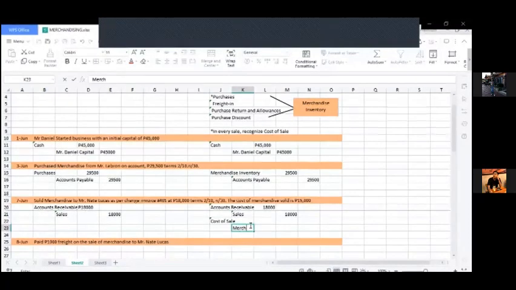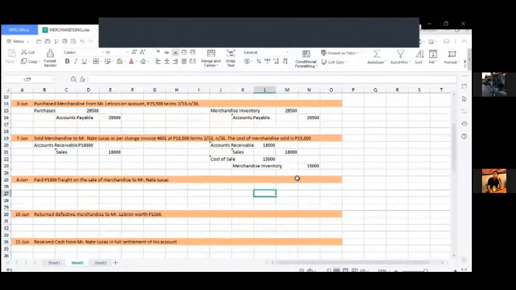Ico-credit natin yung merchandise inventory kasi nagbenta tayo, kaya mababawasan din yung merchandise inventory natin. Magkano daw? 15,000. So yan.